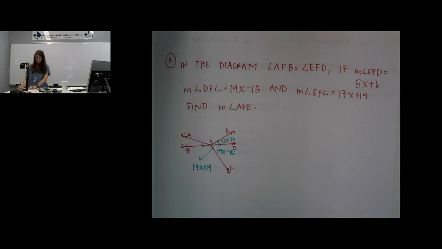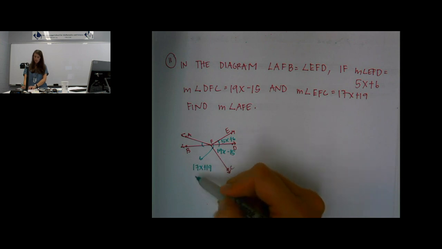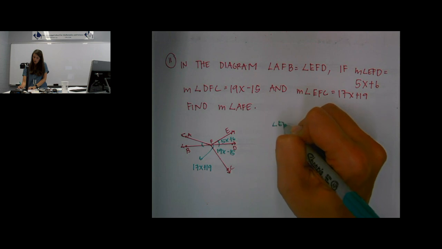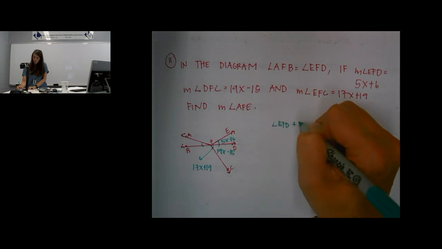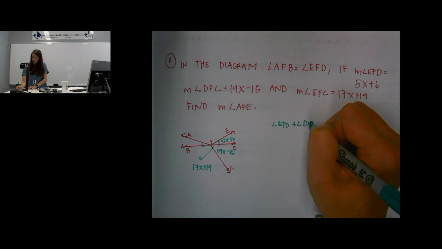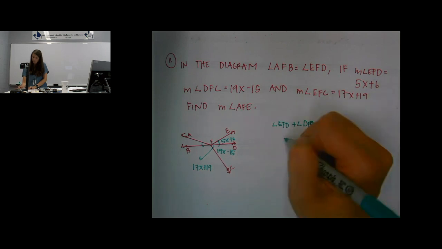Okay, so these two angles right here should add together to give you this 17x plus 19. So angle EFD plus angle DFC should add together to be angle EFC.